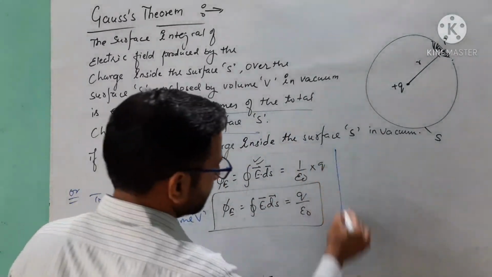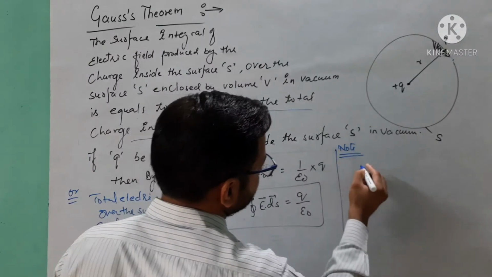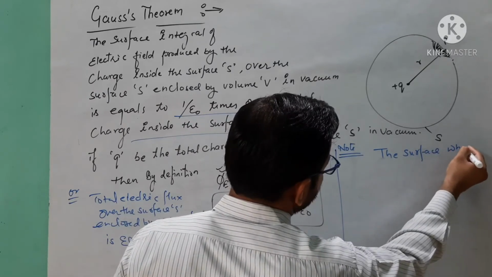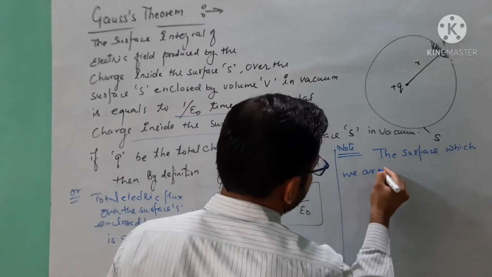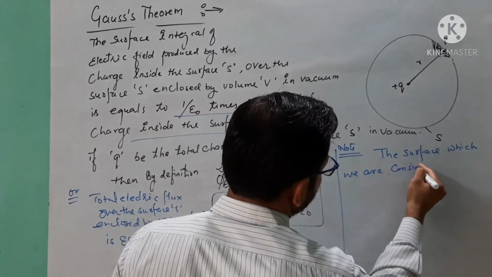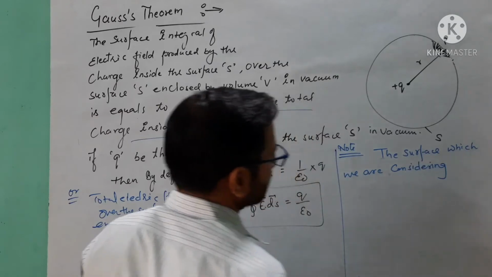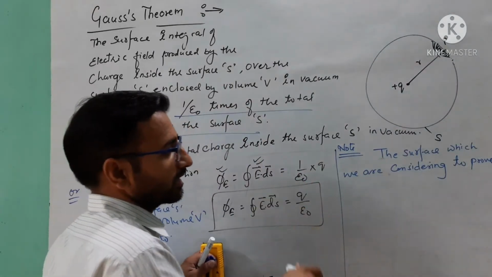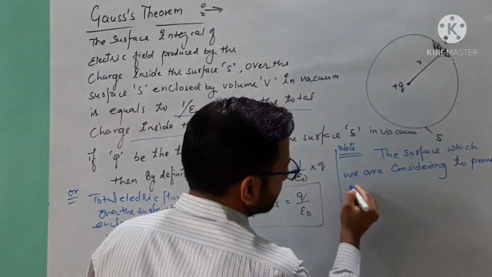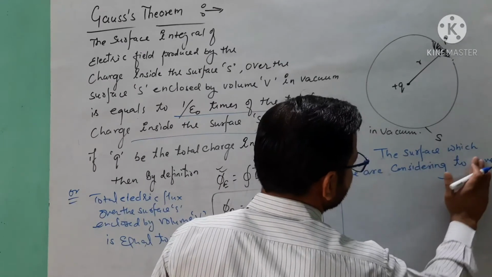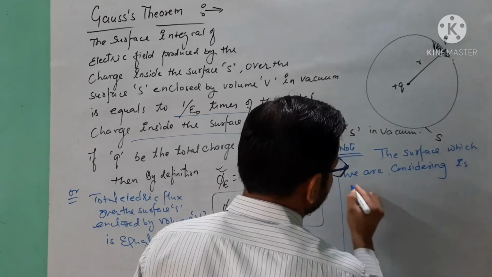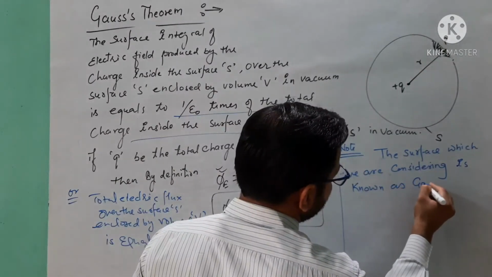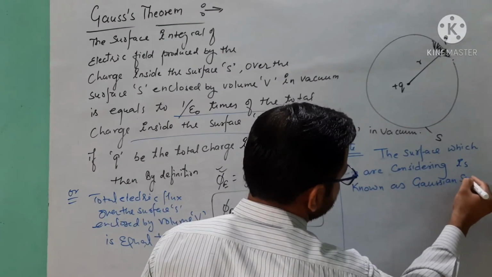Note one thing: the surface which we are considering to prove Gauss theorem, or the electric field also later on, is an imaginary surface known as a Gaussian surface.